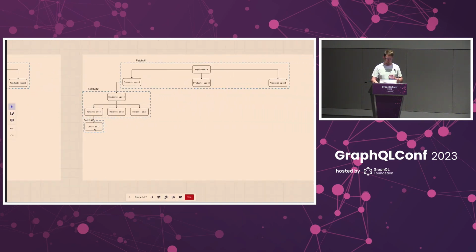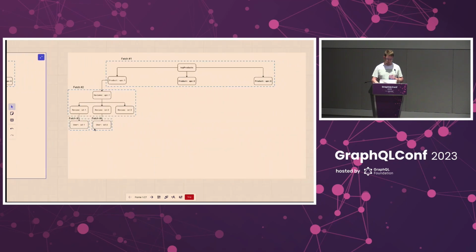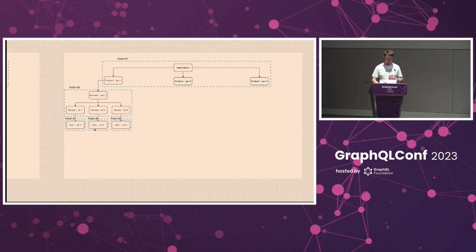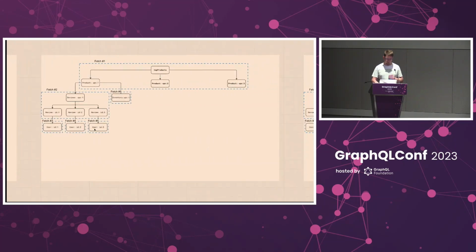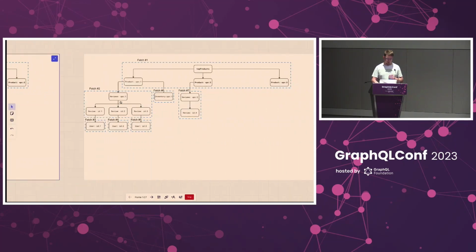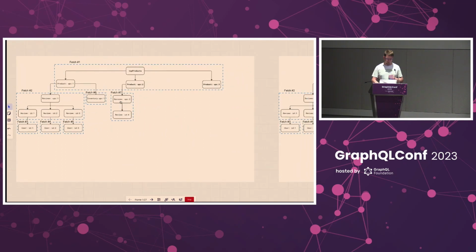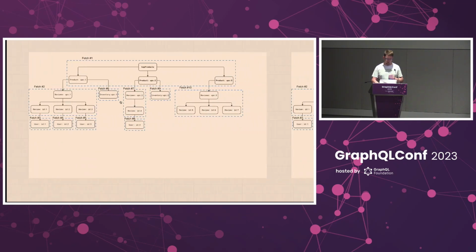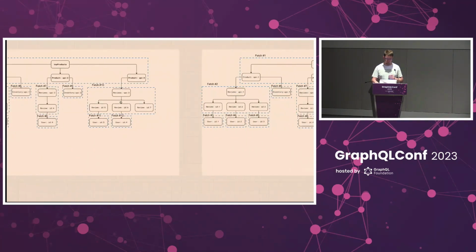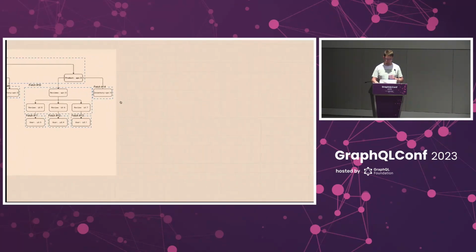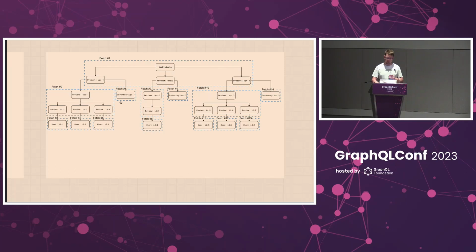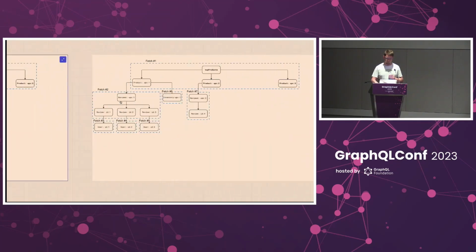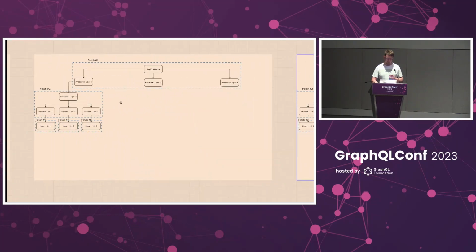Then for this review we load a user, for the second review, more user. Then we load the inventory, more review, so on and so forth, until we have resolved everything. And so that's the depth first approach.